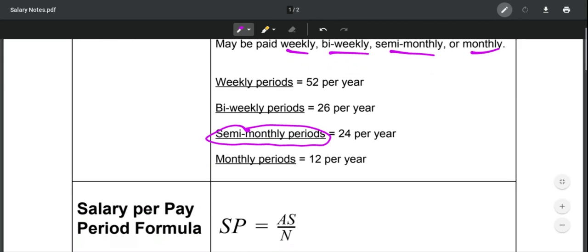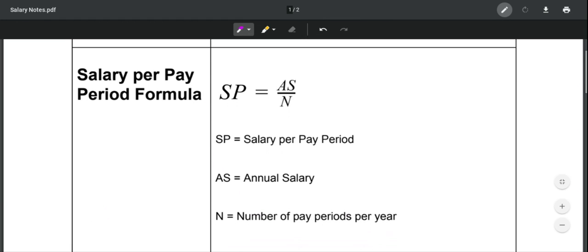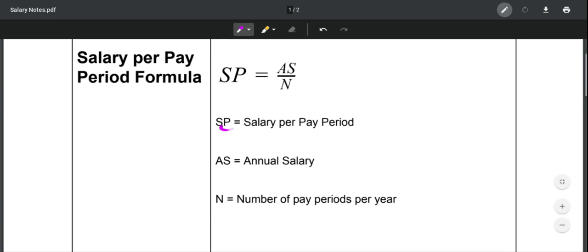Okay, so this is the formula for salary per pay period. Usually that's how it's calculated. You want to know how much you make a month, how much you make a week, and so forth. So this is going to be SP, which is the salary per pay period. That's what we'll usually be looking for.